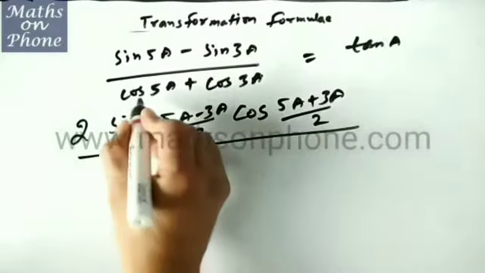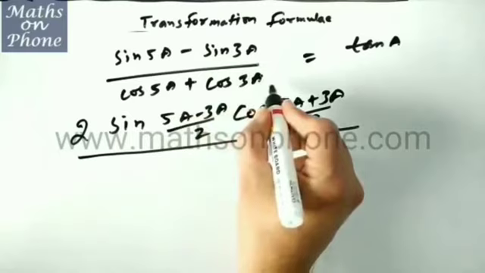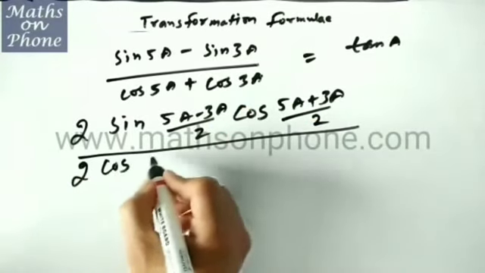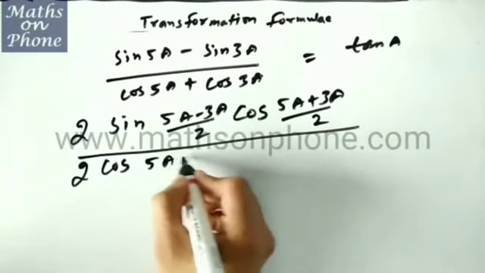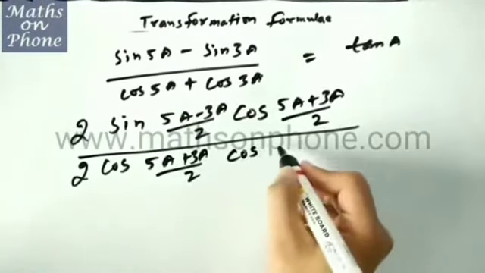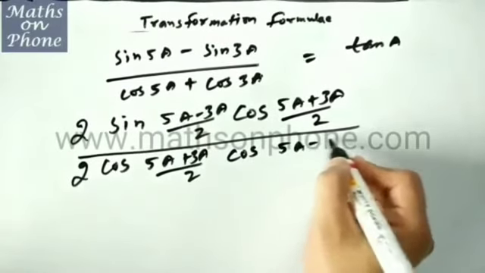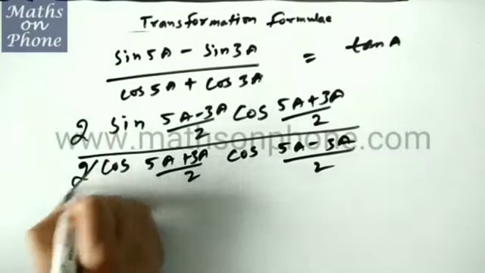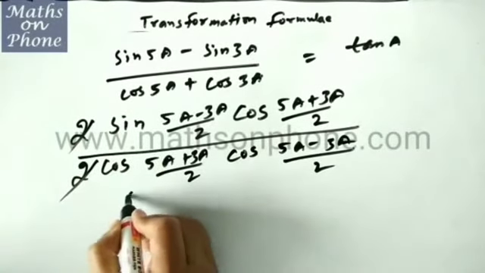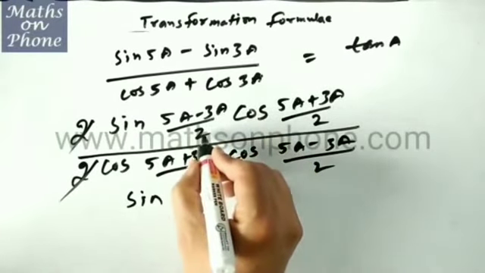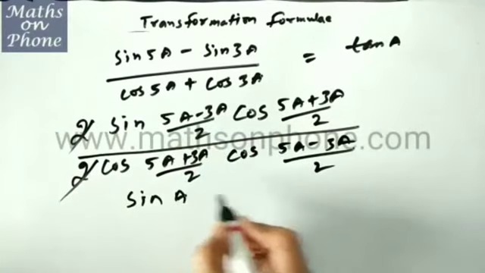And here in the denominator it is cos C plus cos D. So this is 2 cos (C plus D) by 2, that is (5a plus 3a) by 2, into cos (C minus D) by 2, (5a minus 3a) by 2. The 2 is getting cancelled. Now in the numerator, 5a minus 3a, 2a by 2, is sine a.